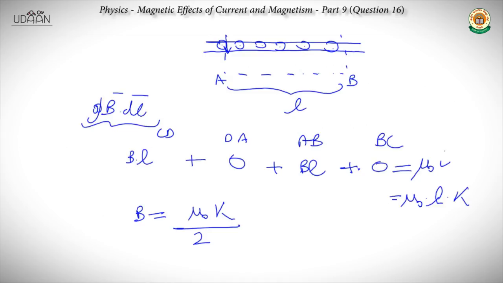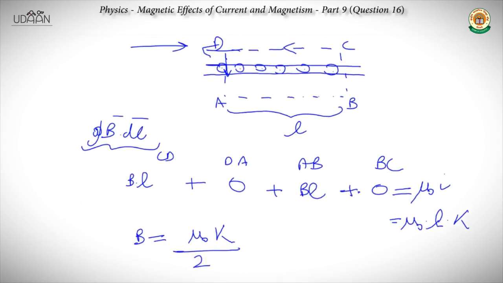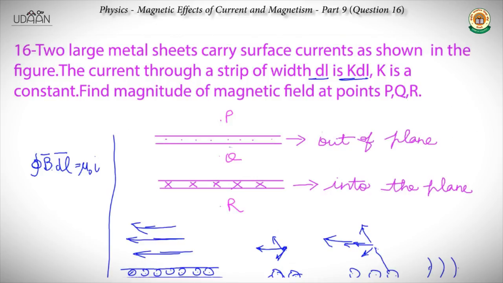Now this is because of one sheet. The B here and here is mu naught K by 2. So for our case, we just add these up. Because of this sheet, the magnetic field at P would be here, and because of this, it would be here.